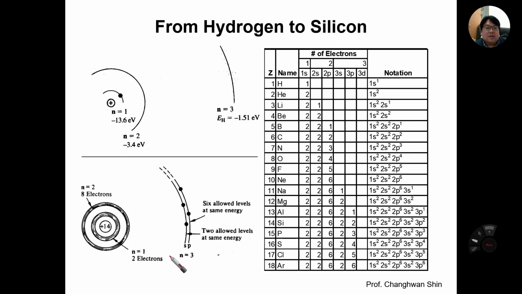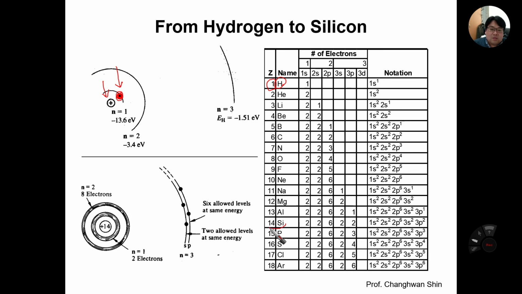Now let's take a look at the atomic structure of silicon. Only for the purpose of reference, let's take a look at the atomic structure of hydrogen as well. As I told you, the atomic number, denoted as Z, for hydrogen is 1. This means it has a single electron per hydrogen atom.